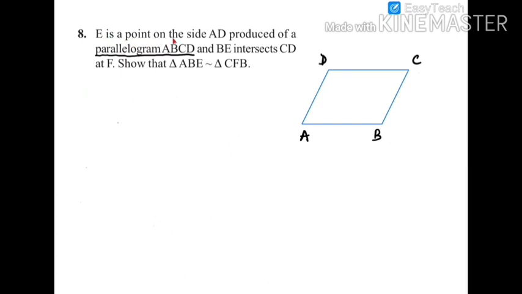E is a point on the side AD produced. So let's produce the side AD.